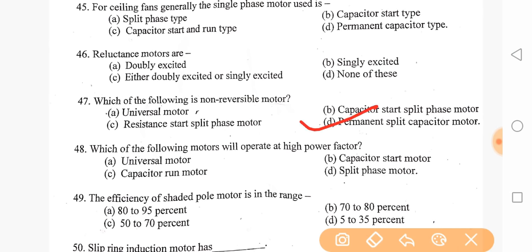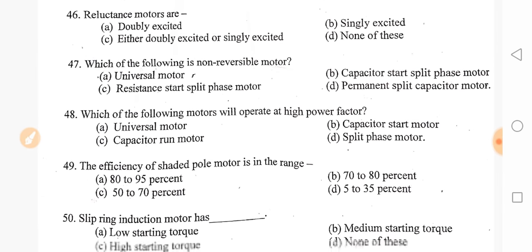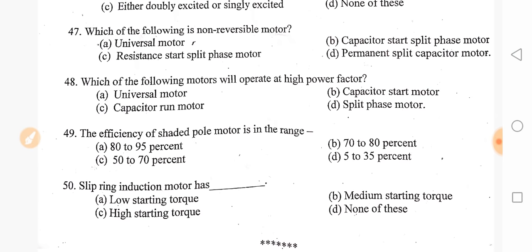Next question: which of the following motors will operate at high power factor? We know power factor will be high due to the capacitance. In which motor is the capacitor permanent? The capacitor run motor. In a capacitor run motor, high power factor will be there.